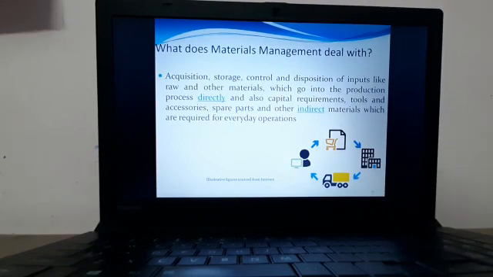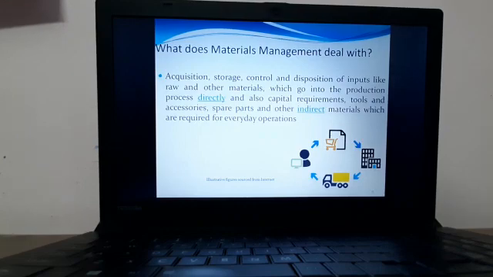These materials going into the production process are directly involved in material management, and it also consists of capital requirements, that is your money, tools, accessories, spare parts, and all this comes under the direct category of your materials management.